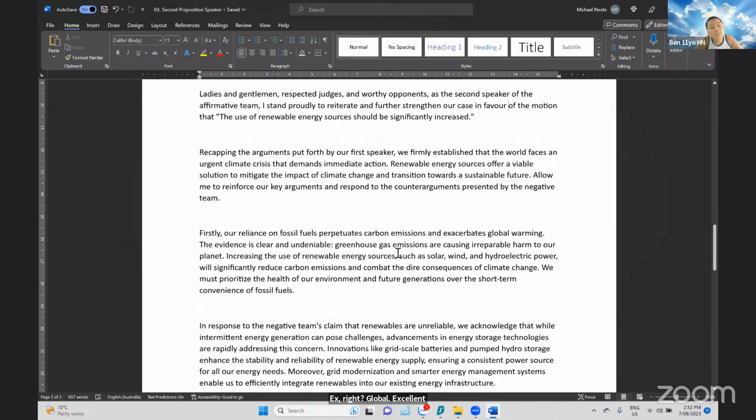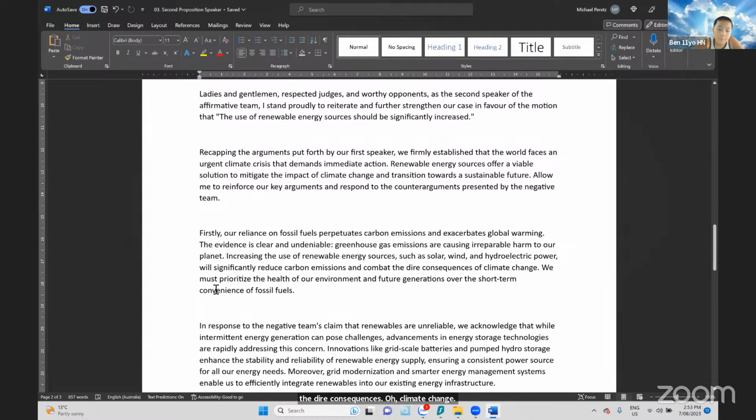Greenhouse gas emissions are causing irreparable damage to our planet. Increasing the use of renewable energy sources such as solar, wind, and hydroelectric power will significantly reduce carbon emissions and combat the dire consequences of climate change.